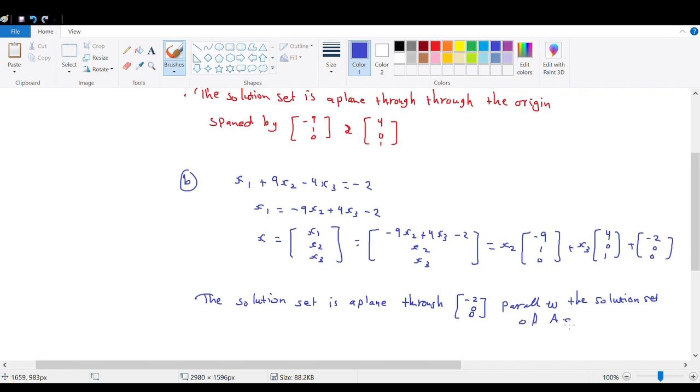Because we know that if we have Ax = b, if the solution exists, it will be parallel to the solution set of Ax = 0 and it is through the vector b. So this is just a solution of Ax = 0. That's why here we write it is parallel to the solution set of Ax = 0, and it is through this vector.